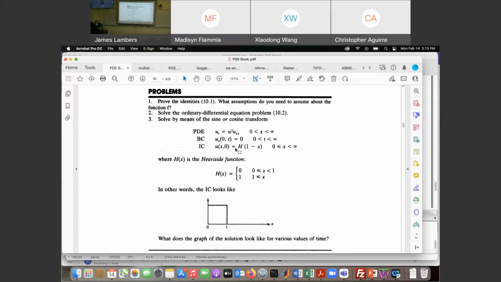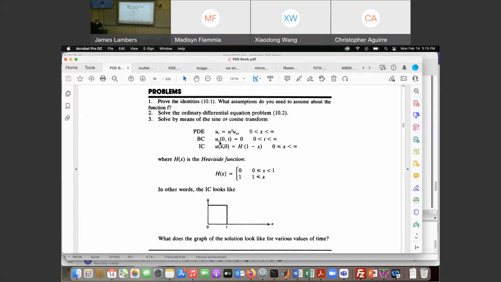Solving this problem, it says, by means of a sine or cosine transform. Well, based on the boundary condition, which is the appropriate transform to use? Sine? No. Cosine. Because of the u_x.